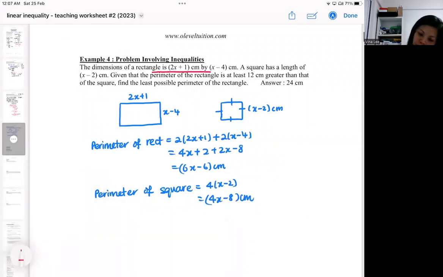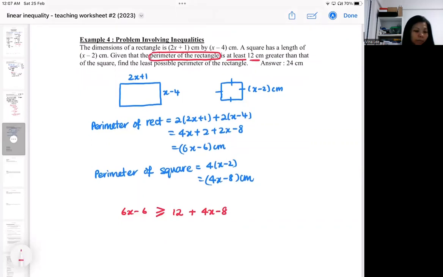If you look at this question, the perimeter of the rectangle, so that will be 6x minus 6, is at least, meaning greater or equal, 12 centimeters greater than the perimeter of a square.